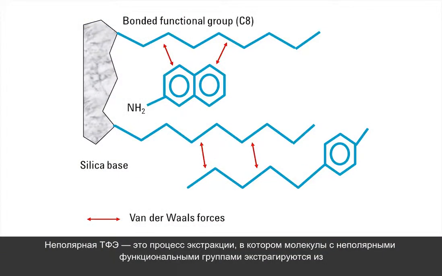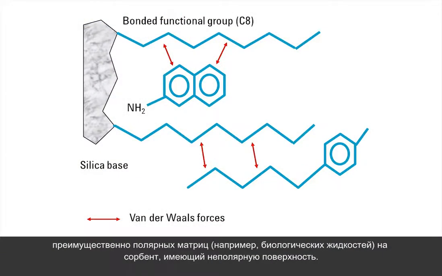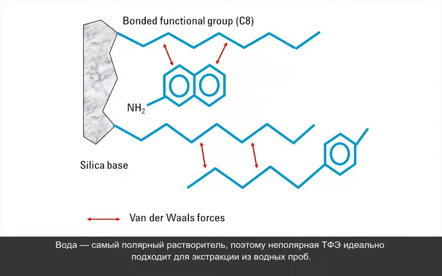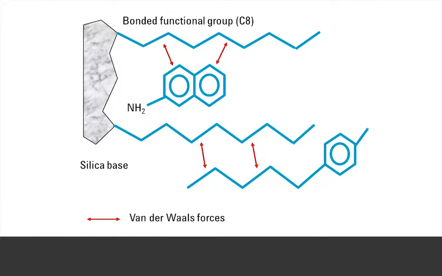Nonpolar SPE is the extraction process where molecules with nonpolar functional groups are extracted from predominantly polar matrices, for example, biological fluids, onto sorbent exhibiting nonpolar surface properties. Water is the most polar solvent, so nonpolar SPE is an ideal technique for the extraction of aqueous samples.